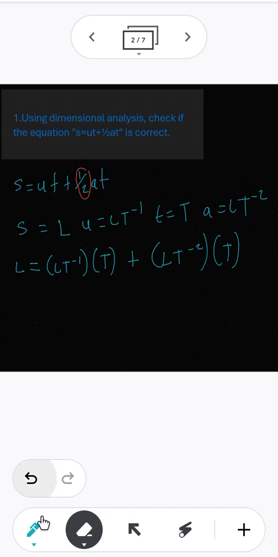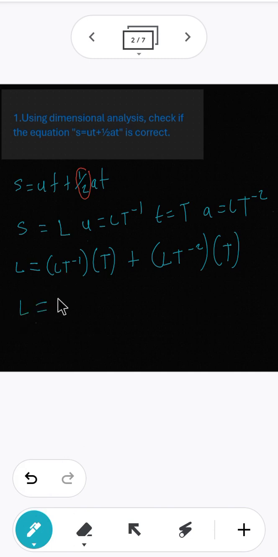So according to the law of indices, L remains L. Then LT minus 1, there's 1 here, so plus 1, plus LT minus 2 plus 1. Minus 1 plus 1 gives 0, and anything raised to power 0 is 1, so we're just left with L multiplied by 1, which is L, plus, now minus 2 plus 1 gives minus 1, so LT minus 1.